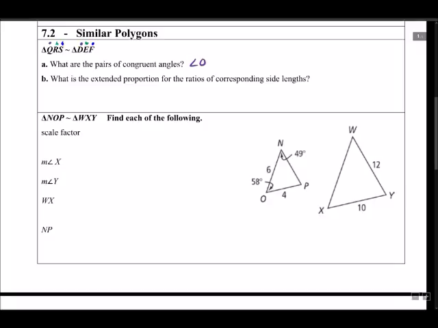Well, angle Q is congruent to angle D, because we know in similar polygons that all corresponding angles are congruent and all corresponding sides are proportional.